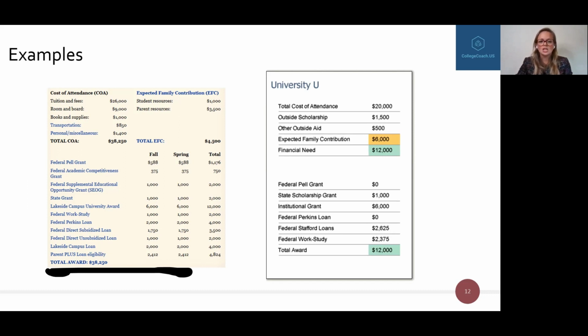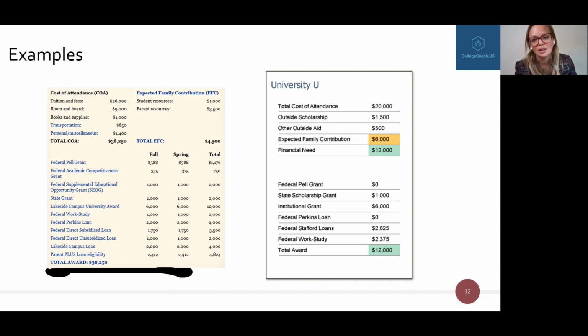So the way they've structured this award, at first glance it looks really good, because it looks like it covers 100% of the cost of attendance. But as you dig into it, you realize it's not at all what it seems. There's a ton of loans in here, and some of the stuff probably won't be available next year. So that's not a really good financial aid package.